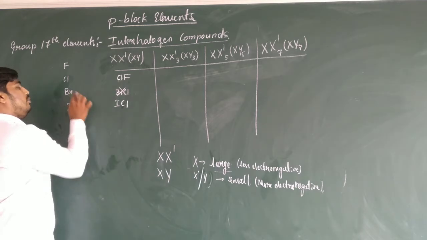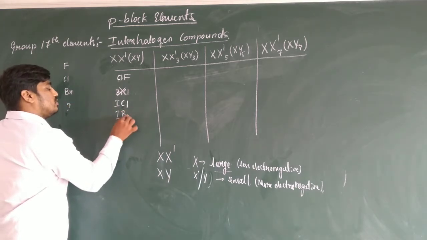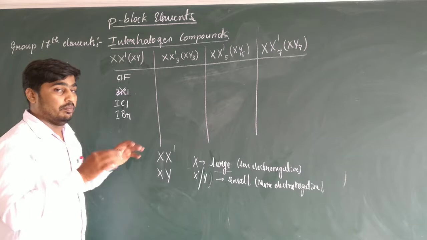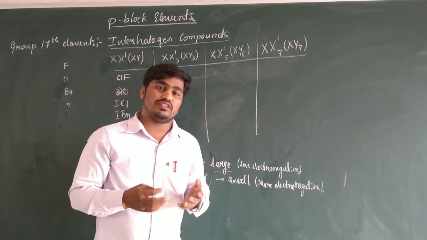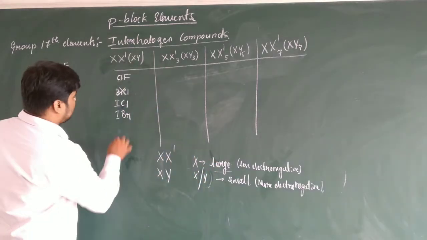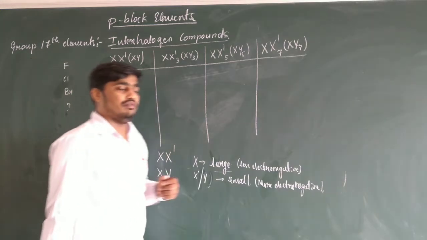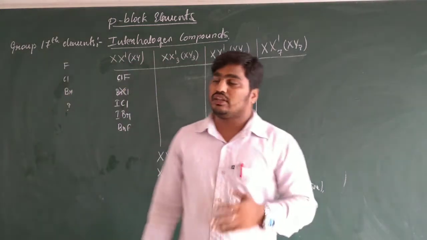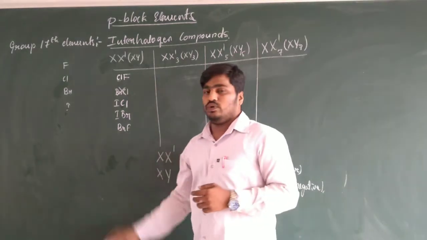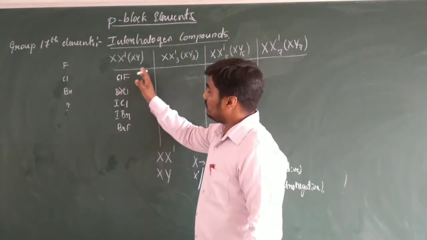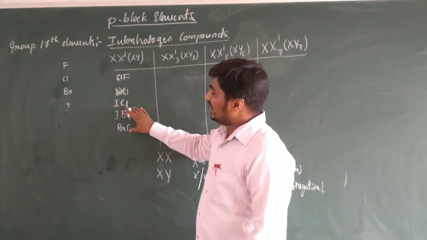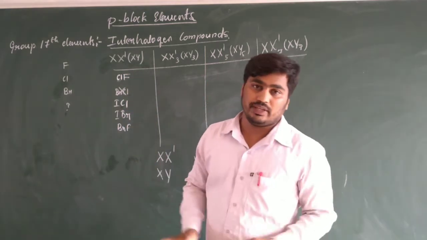Next, IBr exists because I is bigger in size. Because of that reason, it exists. And also BrF, bromine monofluoride. So these are the interhalogens with one halogen atom attached.